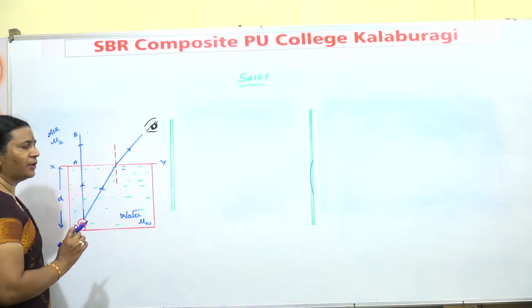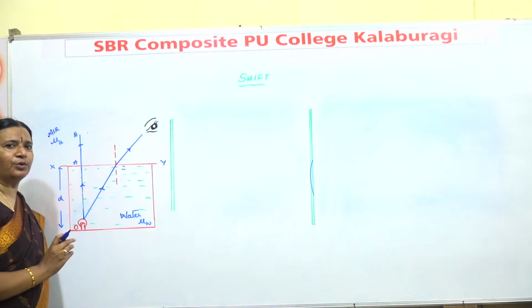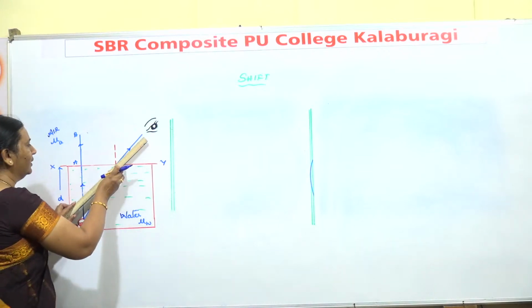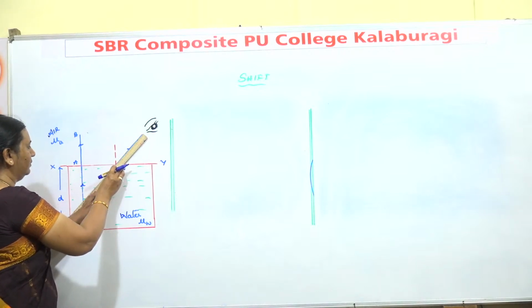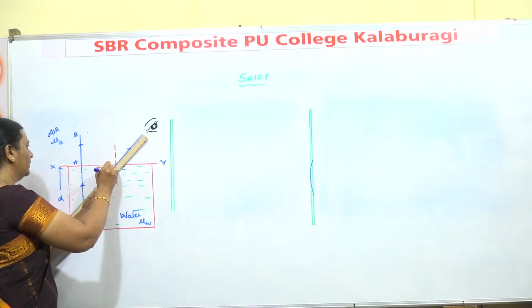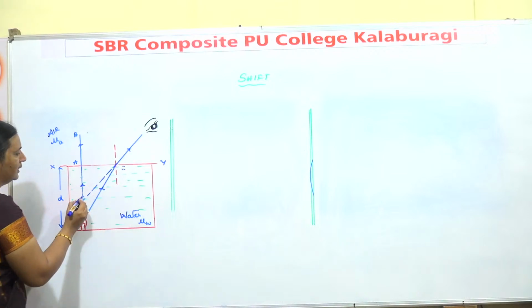Already two rays we have taken, one is going this way, one is going this way. Both are not going to meet practically. So what can we do then? We'll produce them back. If I produce back, this ray appears as if coming from this point.